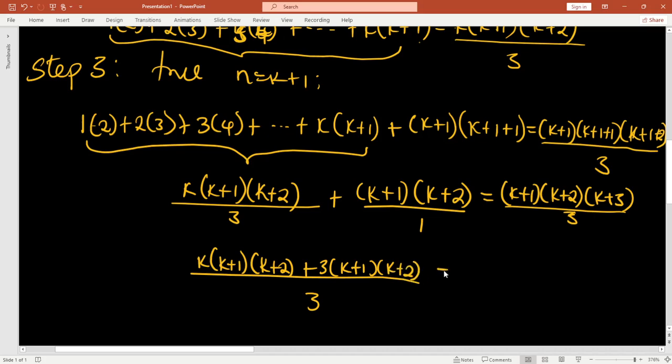This is equal to k plus 1, k plus 2, and k plus 3, divided by 3.